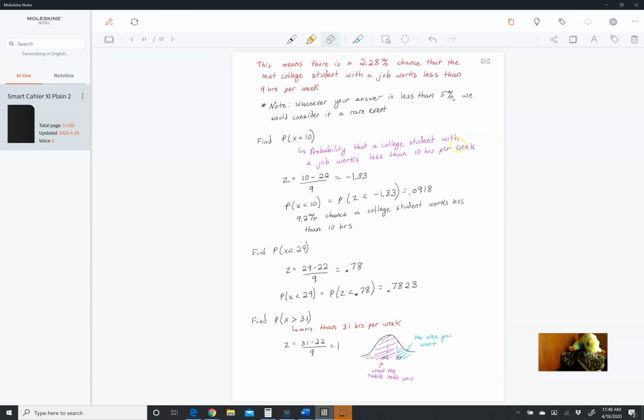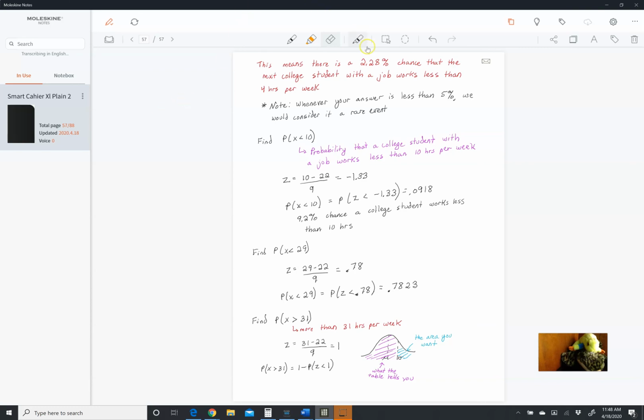So here's what we're saying. We're saying that the probability of x greater than 31 is equal to 1 minus the probability of z less than 1. Okay.